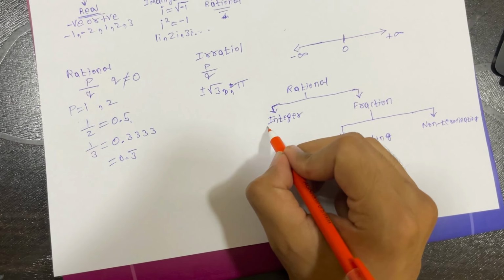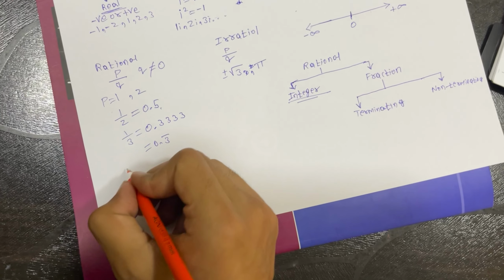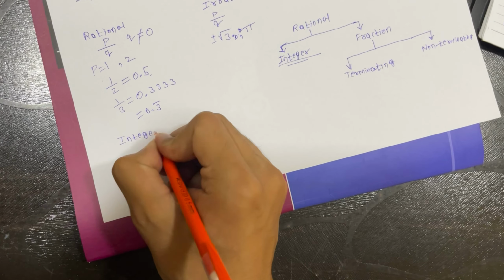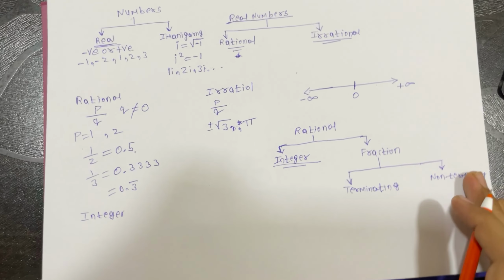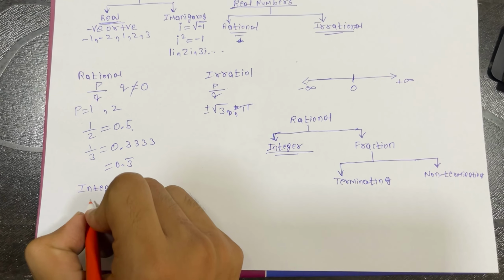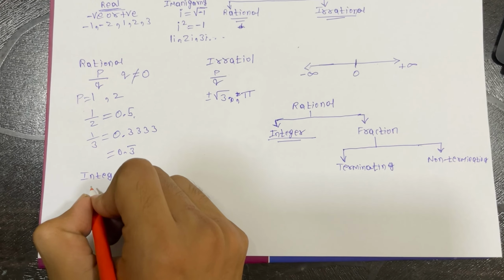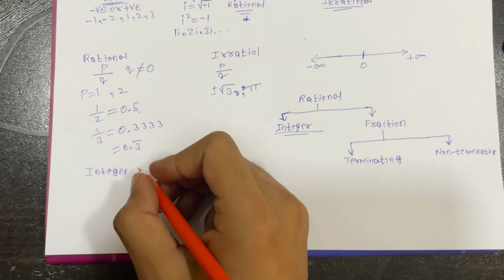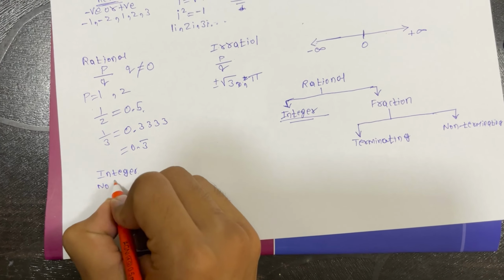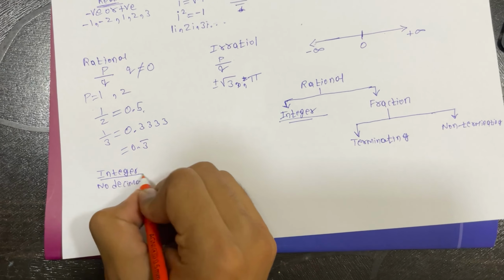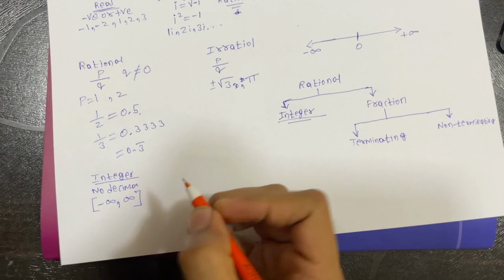So first let's know what is an integer. Integers are numbers which do not contain decimal values, and the range of integers lies between minus infinity to plus infinity.